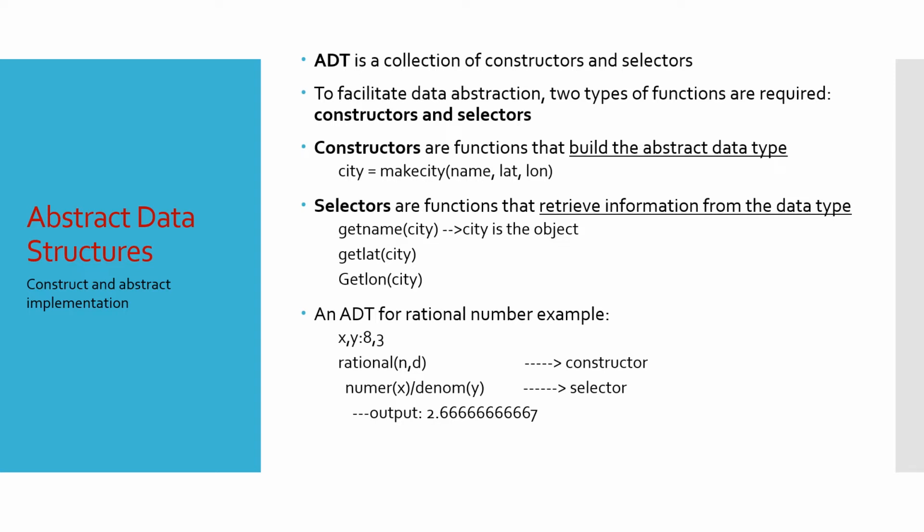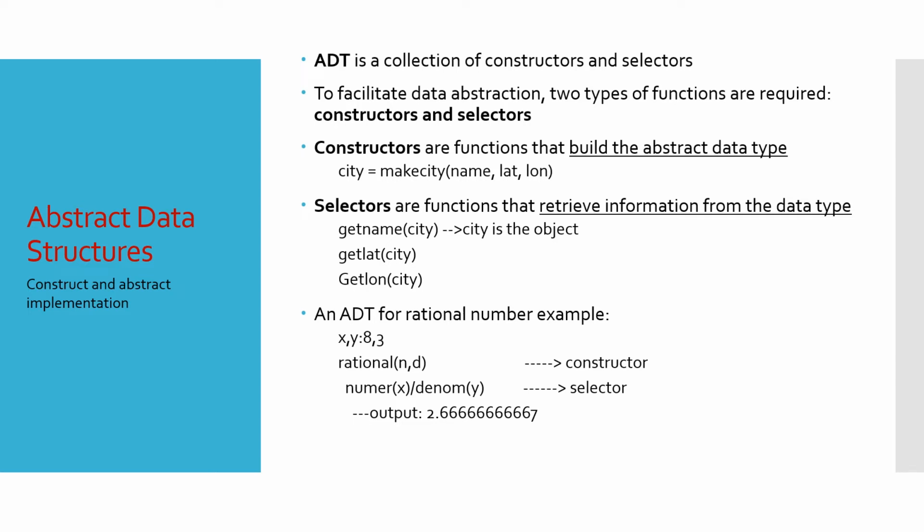So if there is a question about what are the two types of functions that are required to facilitate any data abstraction, again I repeat, data abstraction is going to help you to get the data you want to perform your required operation. So constructors are nothing but those functions, and you can see the word functions. As I said, without functions nothing happens in a programming world. So I repeat, constructors are functions that build the abstract data type.